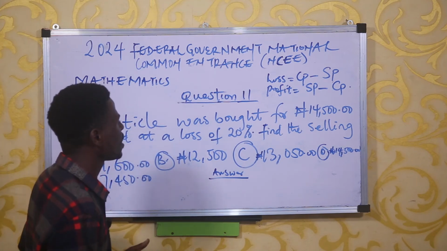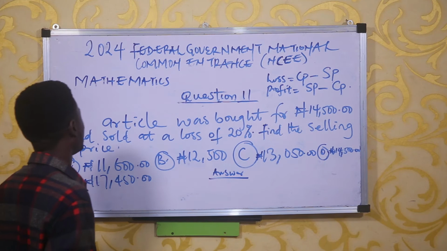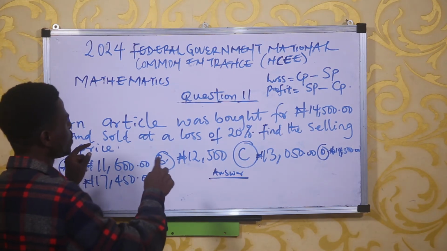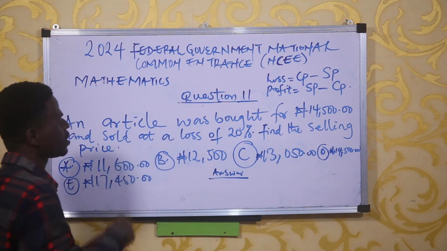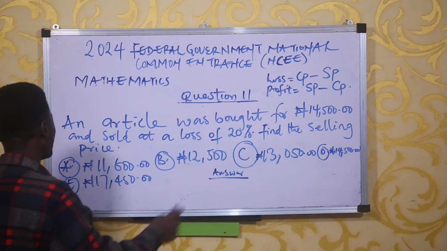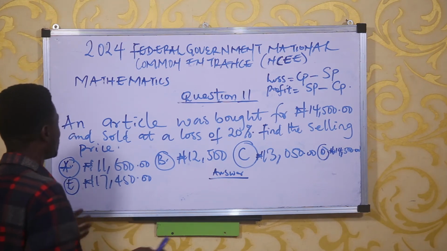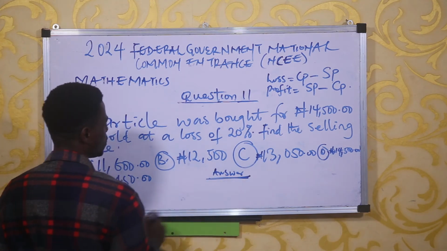So in this case, this is a case of loss. The article was bought for 14,500 and sold at a loss of 20%. And they said we should find the selling price, the amount the person sells the article.